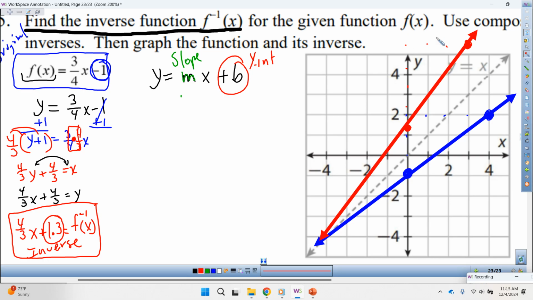So this is f inverse of x. And the blue one you label what? F of x.